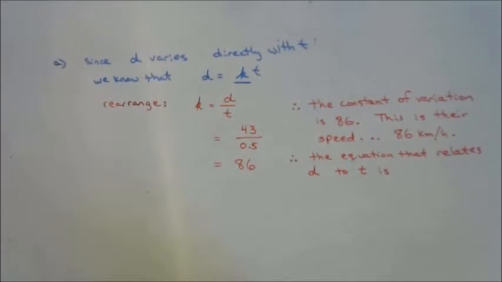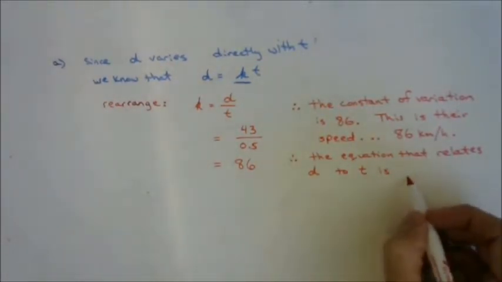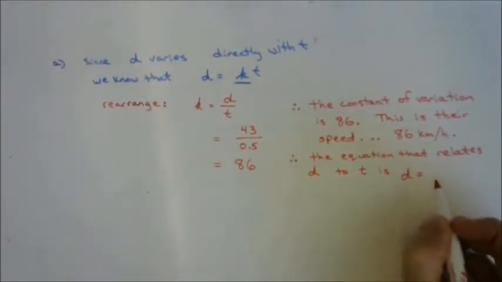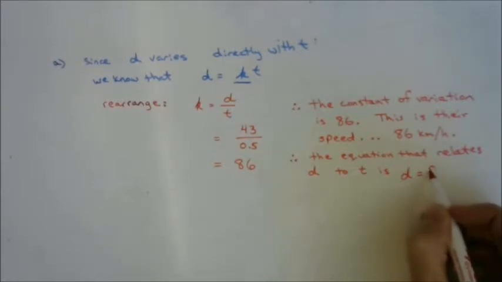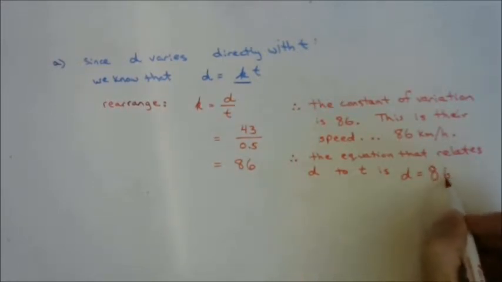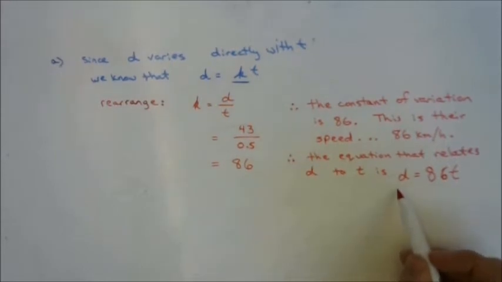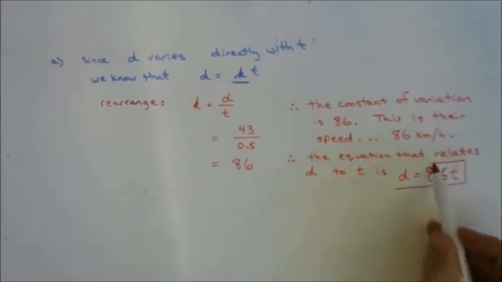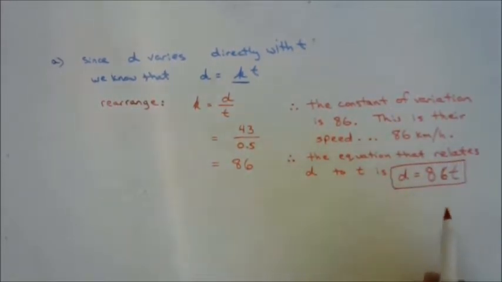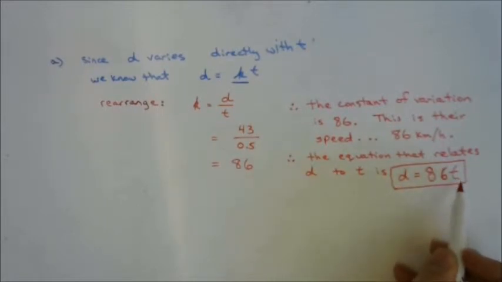If D equals KT, then what do we have? D equals, we know what K is now. D equals 86T. Now this equation will help us get their distance at any time during their trip.